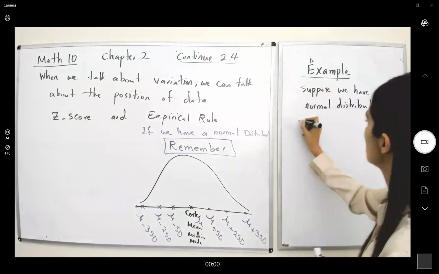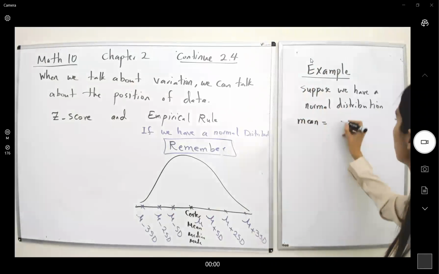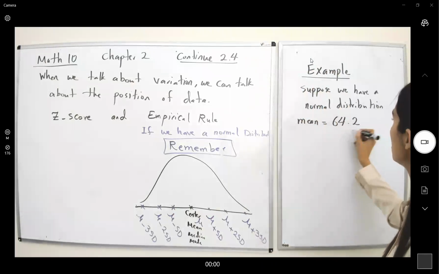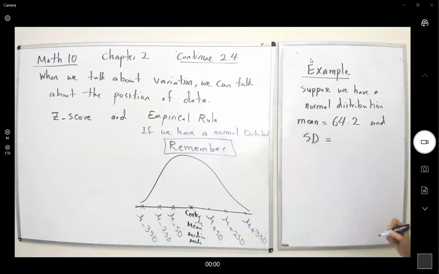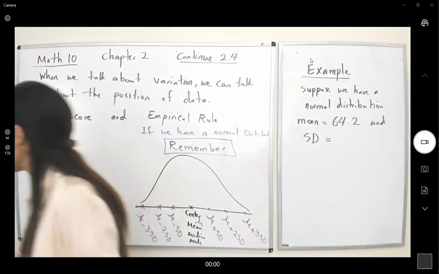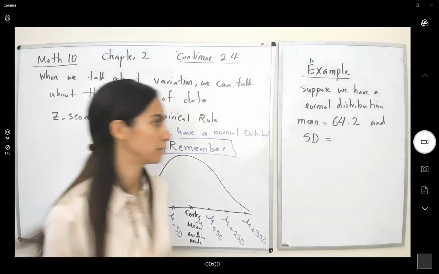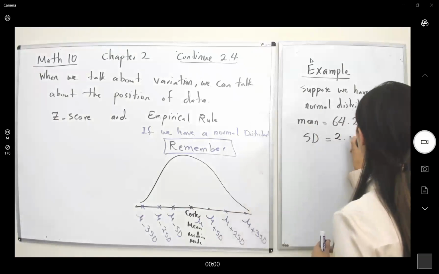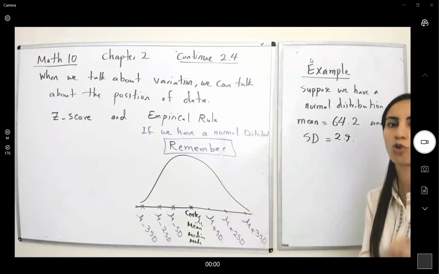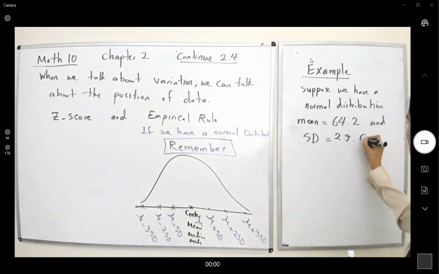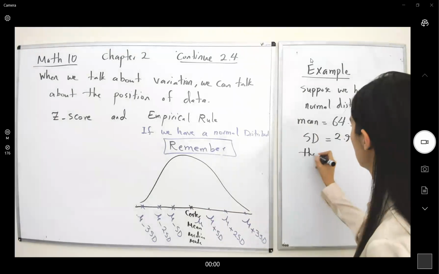The mean is given as 64.2 and the standard deviation is 2.9. Construct your normal distribution. Construct the graph.